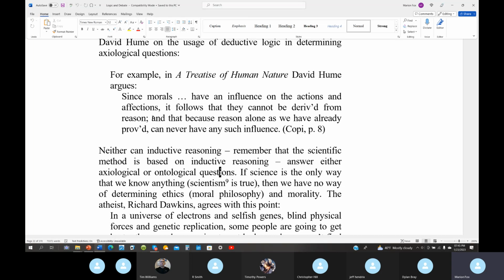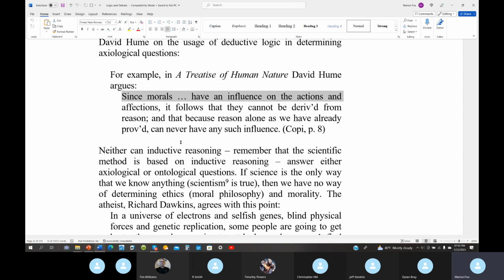Now, we're going to go back and start at the beginning of the paragraph. Since morals have an influence on the actions and affections, it follows that they cannot be derived, and he abbreviated it, from reason. And that because reason alone, as we have already proved, and he abbreviated that, can never have any such influence.